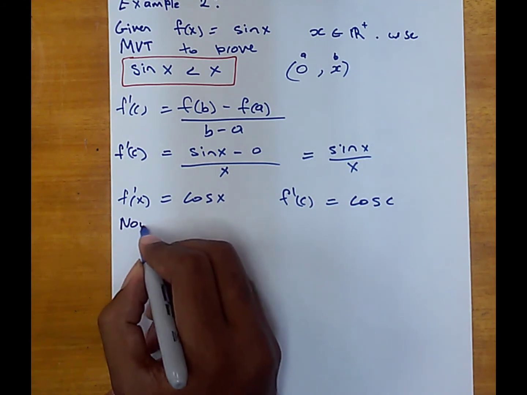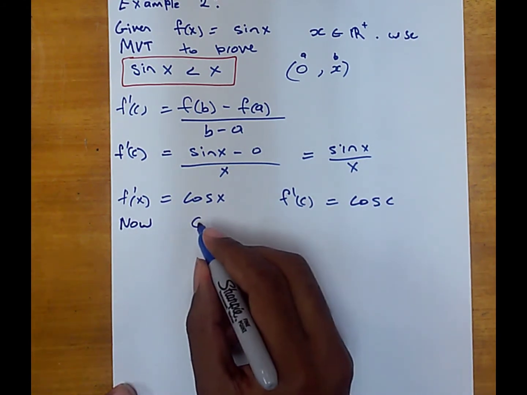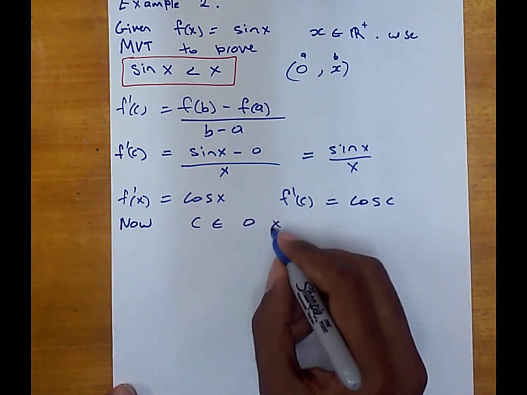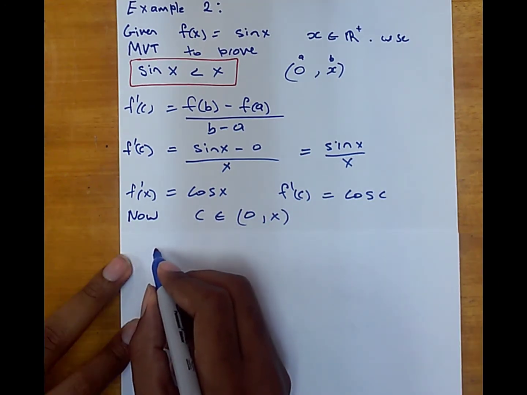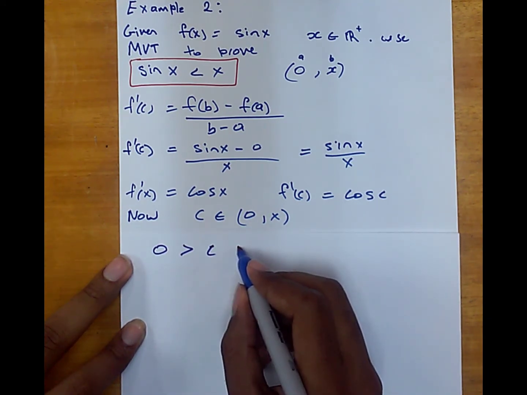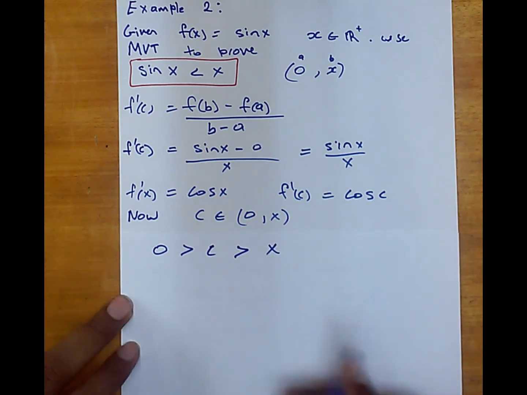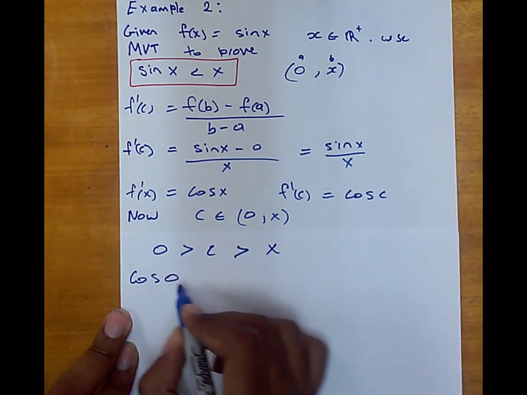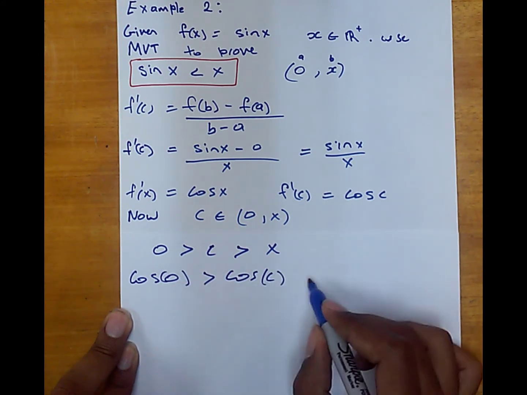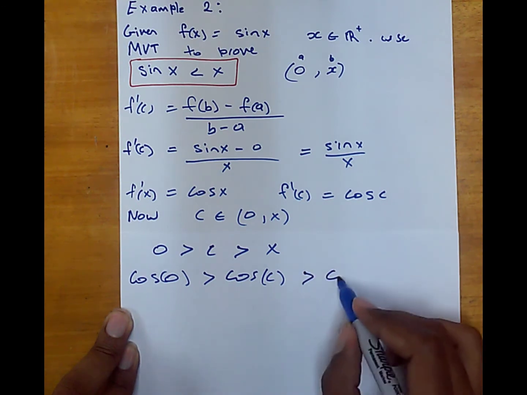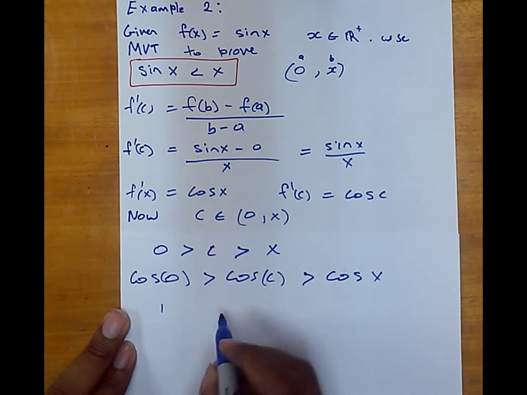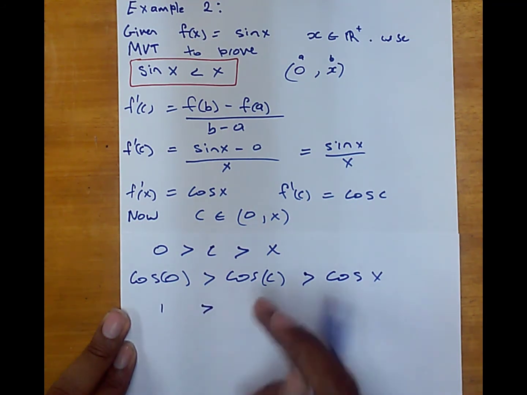Now for c in the interval (0, x), we have 0 less than c less than x, implying cos 0 is greater than cos c is greater than cos x. Now cos 0 is just 1, so we have 1 is greater than cos c.